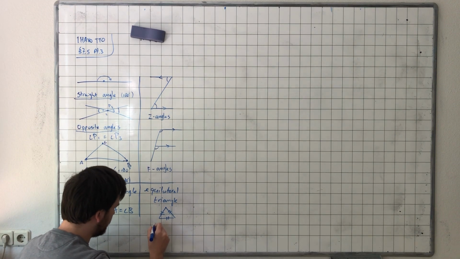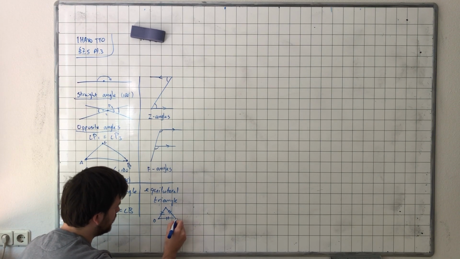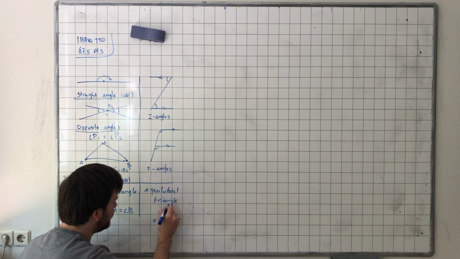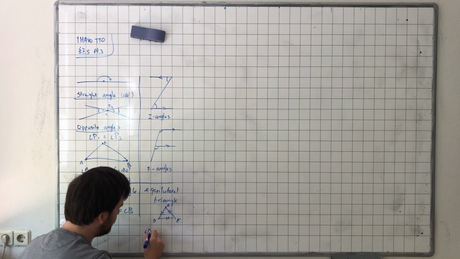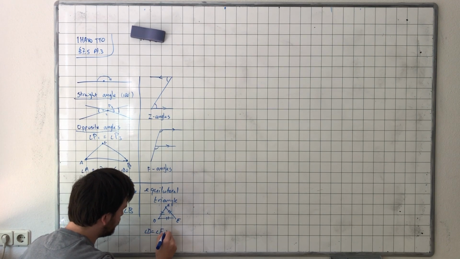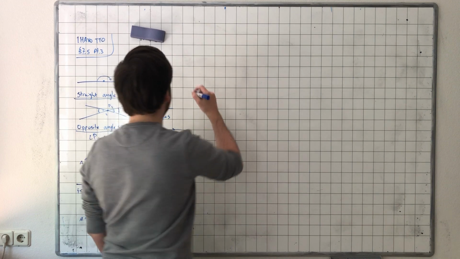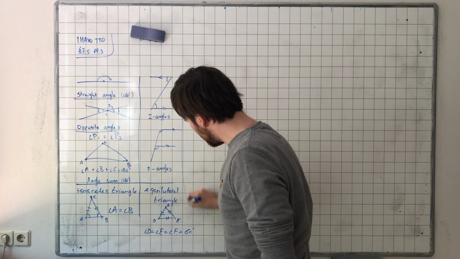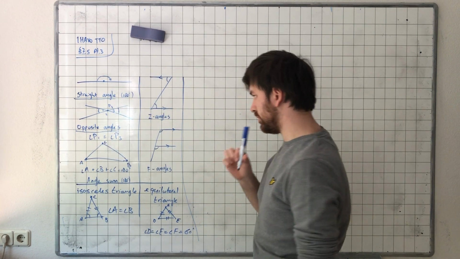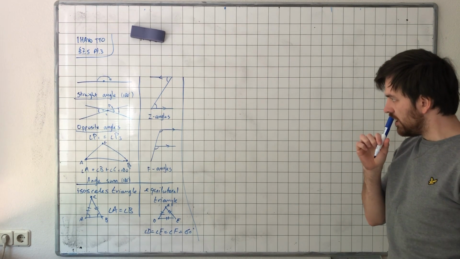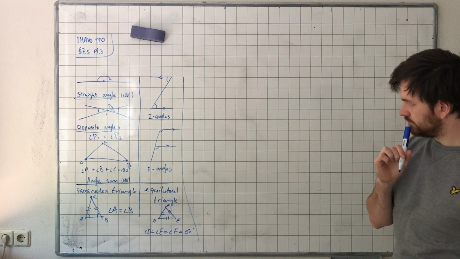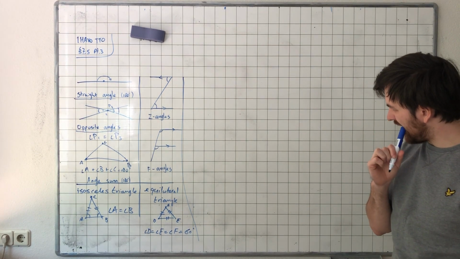All of the angles are, let's say D, E, and F. All of these were equal, and all of them were 60 degrees. Remember, 180 divided by 3. So by now, this should basically be your toolbox for calculating angles, and hopefully I'm not forgetting one. I don't think I am.